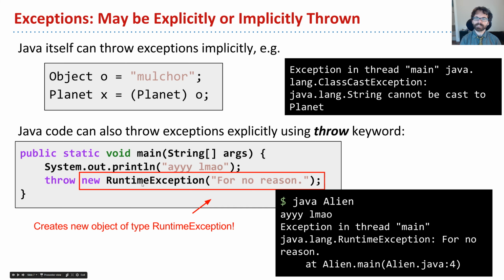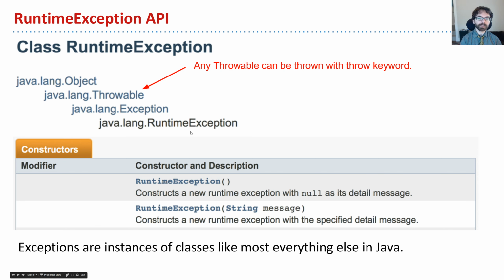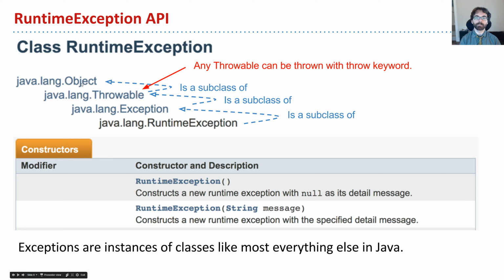So what's a runtime exception exactly? Well, runtime exceptions are part of the java.lang package, and each java.lang.RuntimeException is a java.lang.Exception. In other words, this is a subclass of the exception class, and that in turn is a subclass of Throwable, and Throwable is in turn a subclass of Object. And so what Java does is any Throwable that you may conceive, an exception or otherwise, can be thrown with the throw keyword.